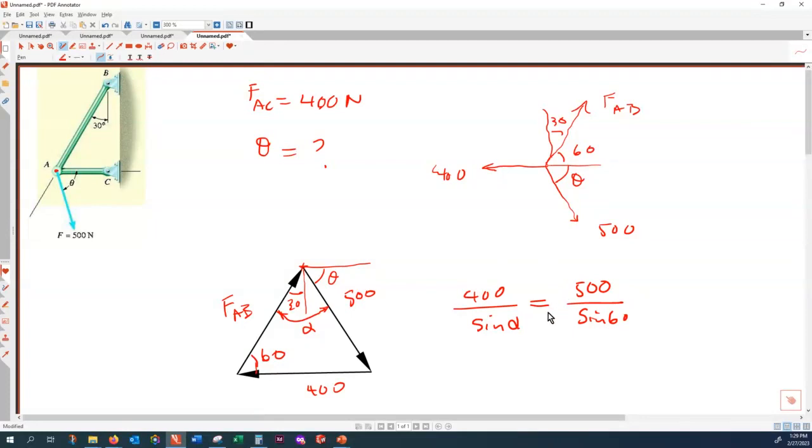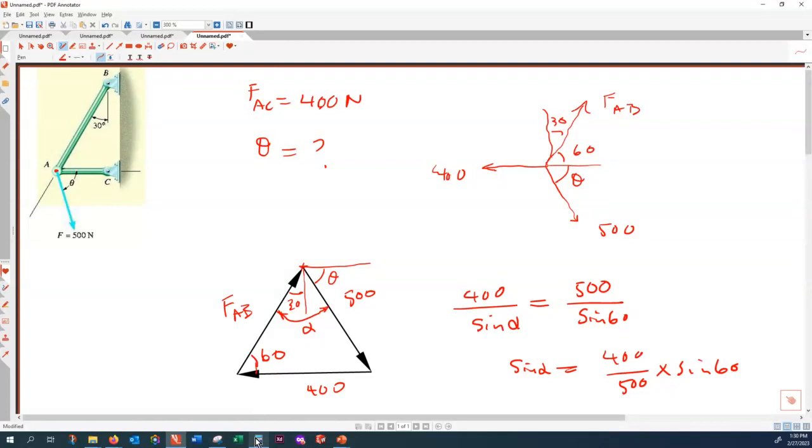So this equation can easily be solved to find alpha. That is sine alpha is equal to 400 divided by 500 multiplied by sine 60. Okay.